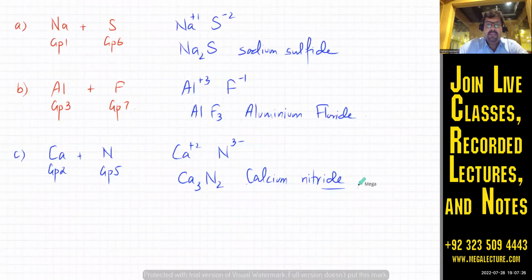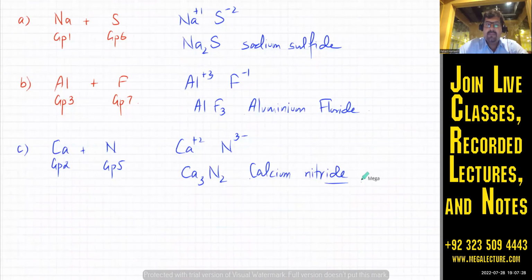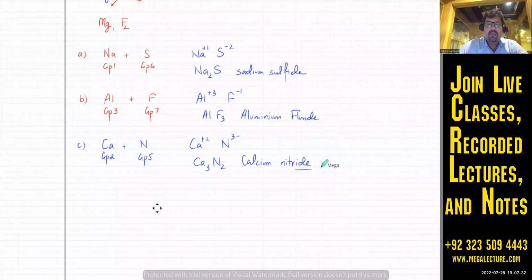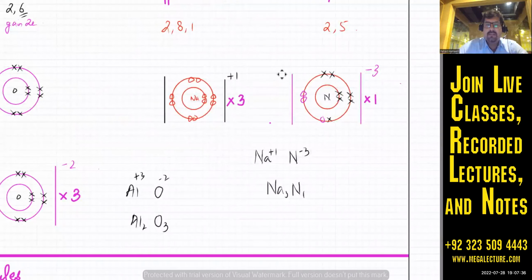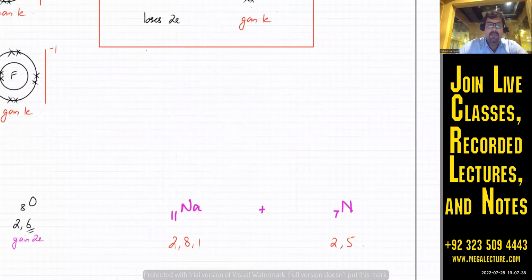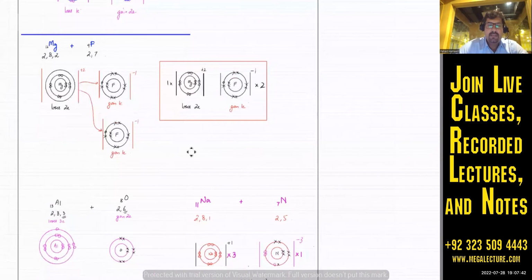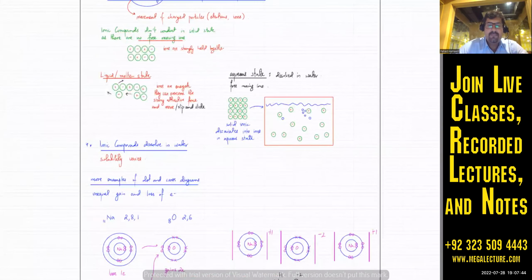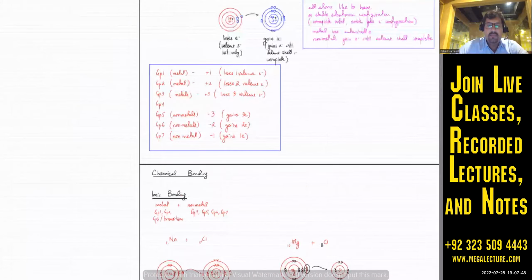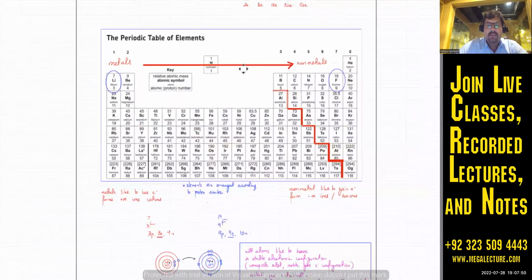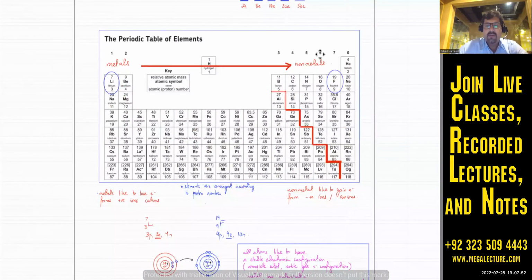But the thing is, ionic compounds are not limited to the ions that you see in the periodic table. So you have a periodic table, and you've got positive ions on this side, metals, and negative ions on this side, non-metals.